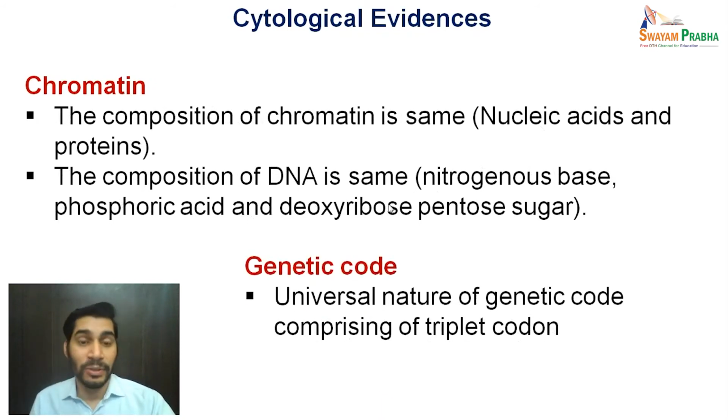Besides this, you might have come across the universal nature of the genetic code, which comprises triplet codons. So this is also the same across all organisms and species. These are the cytological evidences which indicate that all the life forms might have originated from the same basic patterns, from the same origin and same process.